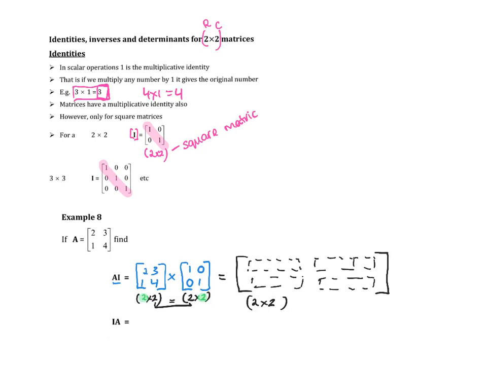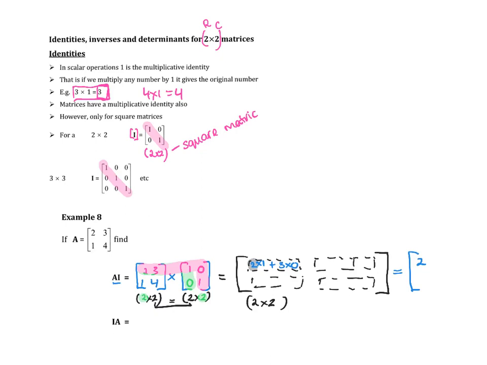So if you remember what we said? We said run and dive, row by column. So this first answer is going to be 2 times 1 plus 3 times 0. And if we tidy that up, that'd be 2 plus 0, which is 2. Then if we go and do the next one, so we've got row 1, column 2.